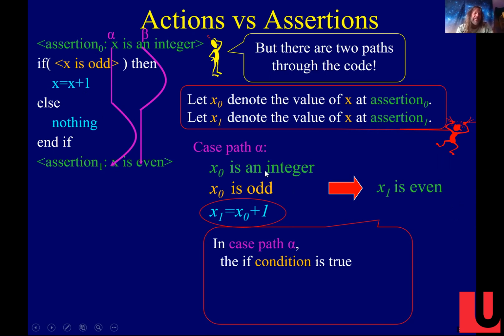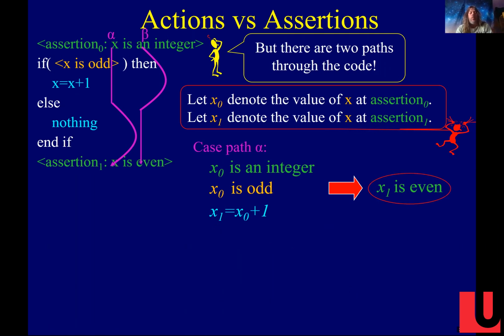So the green is coming from the fact that we're sure that this is true, right? And the orange and the blue are coming from the fact that we're executing this code, right? And then the green down here is what we need to prove, right? Does that make sense?